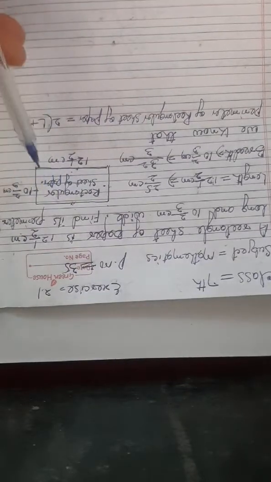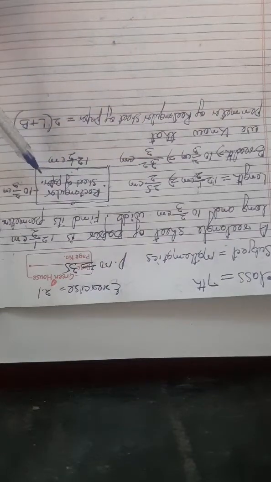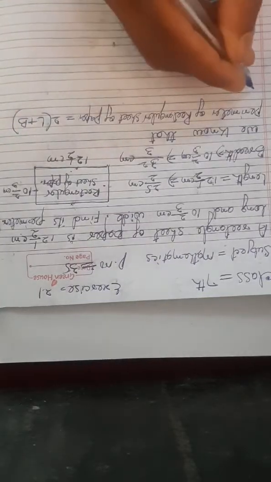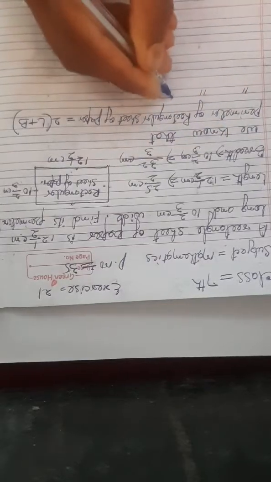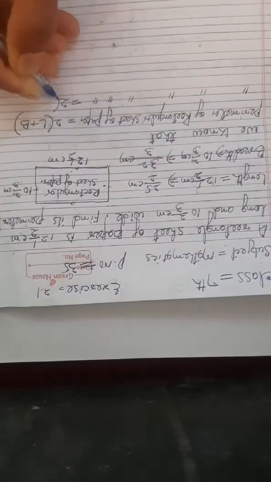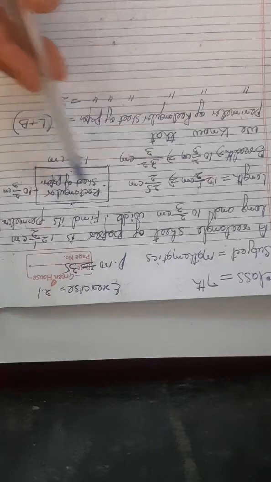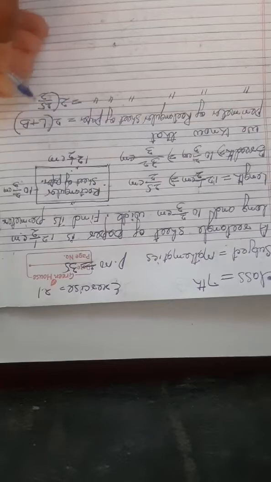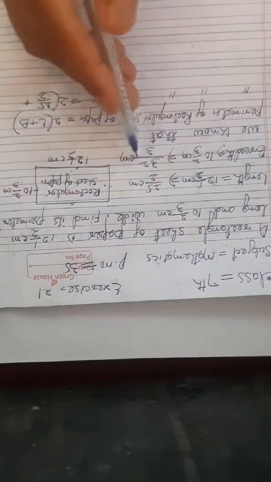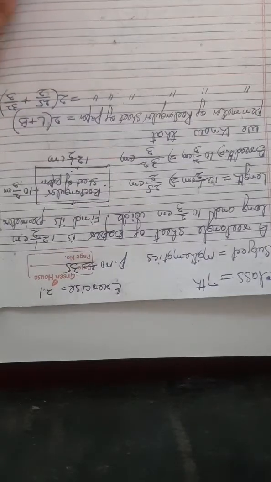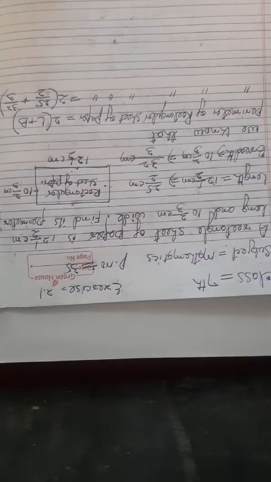The perimeter of a rectangle is 2 multiplied by L plus B. We will write here: perimeter of a rectangular sheet of paper is equal to twice length. What is the length of the rectangular sheet of paper? 25 divided by 2 plus breadth 32 divided by 3, bracket closed. This is centimeter, we will write centimeter.